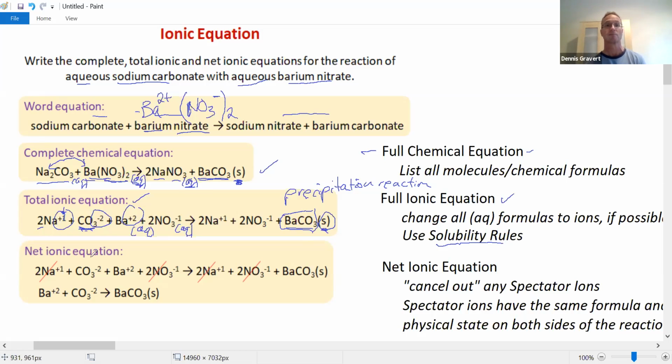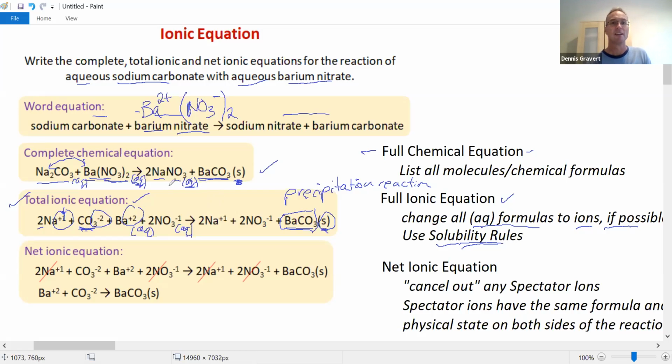Okay, so usually we get the chemical equation first, and then if you need to convert it to the full ionic or total ionic, your choice of language here, you simply change all your AQ formulas to ions. Be a lawyer here and say, well, under every circumstance, do you do that? No, only if it's possible. And to decide if it's possible, you use solubility rules and your knowledge of ionic and covalent bonding.